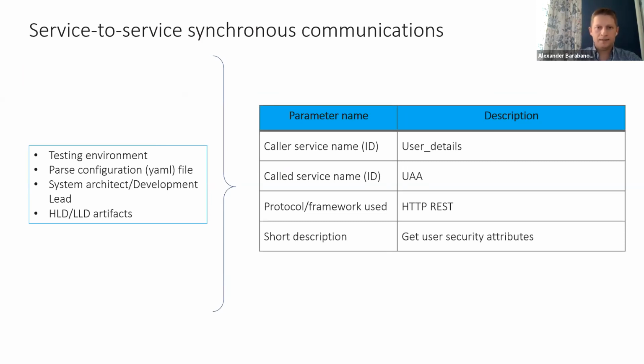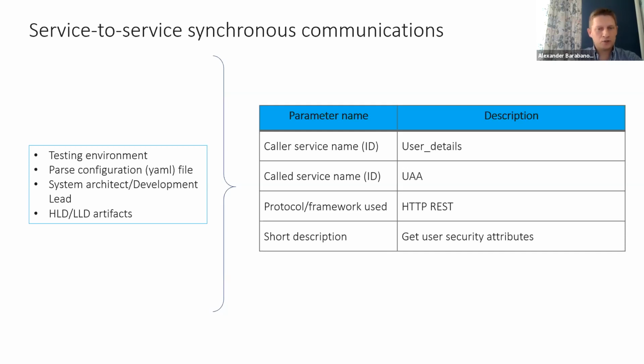For example, if connection between microservice user details and service UA that implements some authorization is only for get some user attributes, you should put it on the table, because you should use data asset ID in order to clarify that communication.